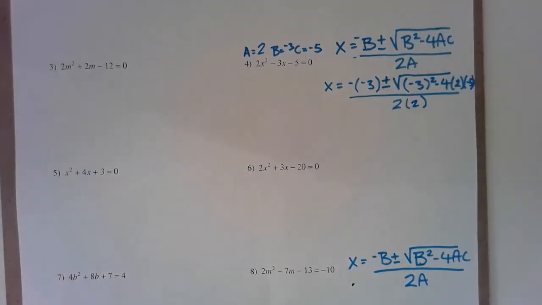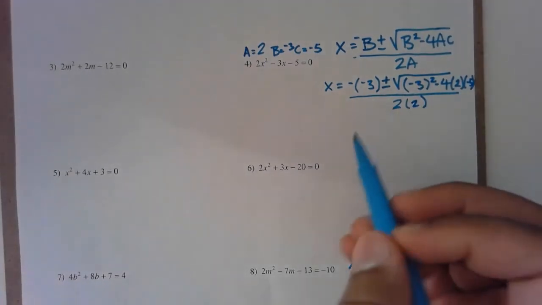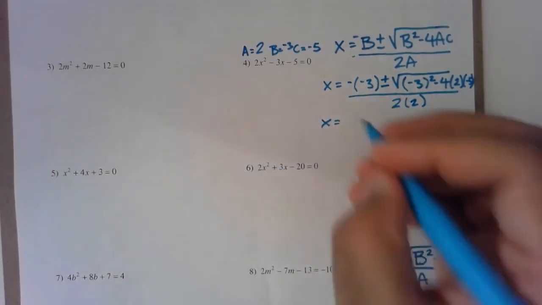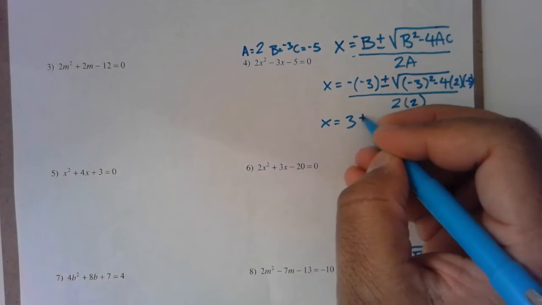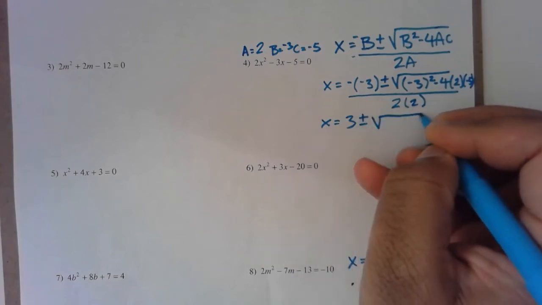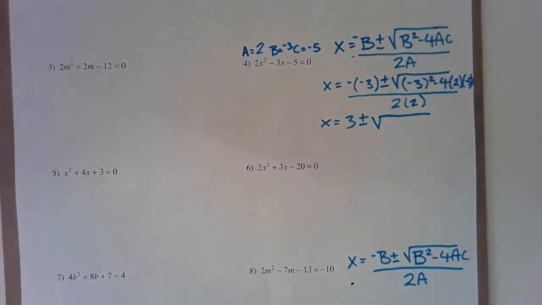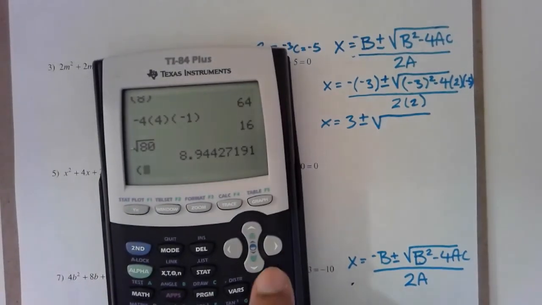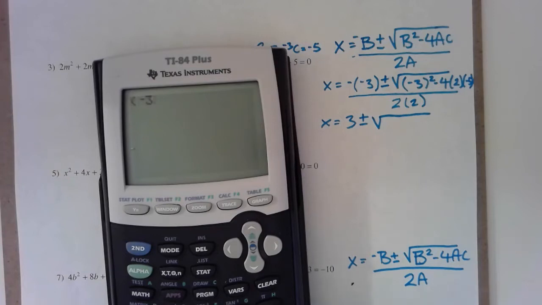Let's deal with the numerator first in terms of simplification. Negative times negative gives me a +3, and that's plus or minus. Then we have to deal with what's in that radical sign. I'm going to take that -3 squared, which is just 9.